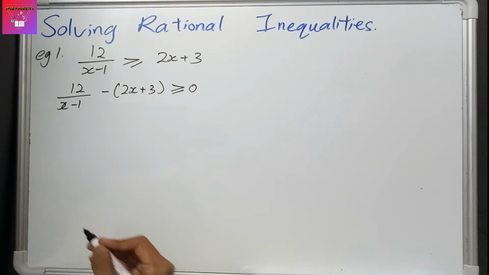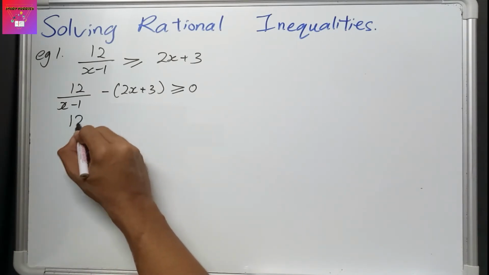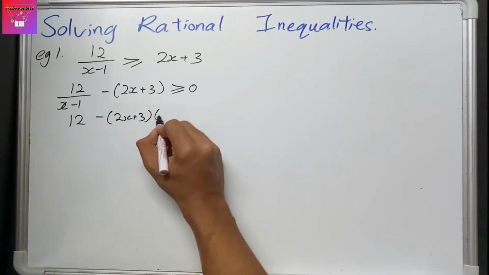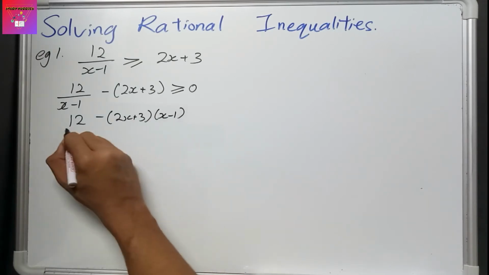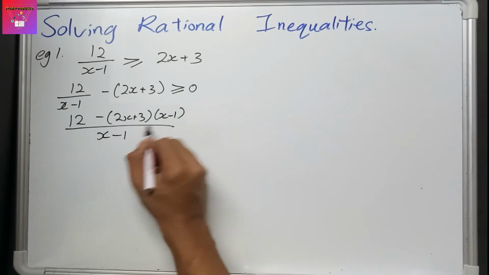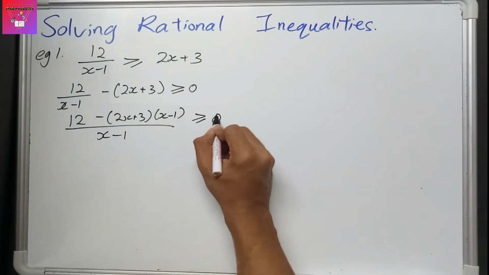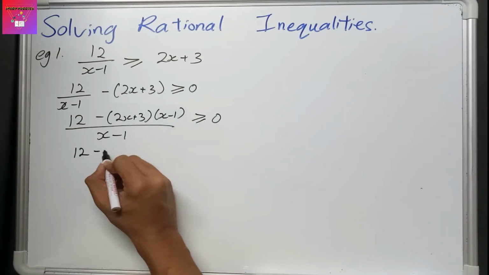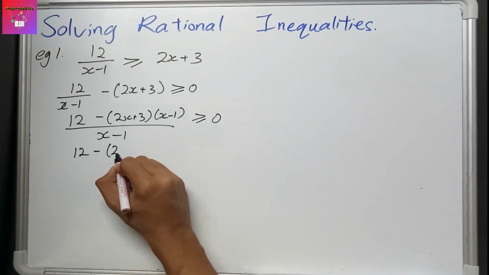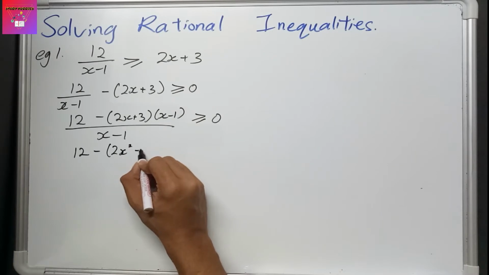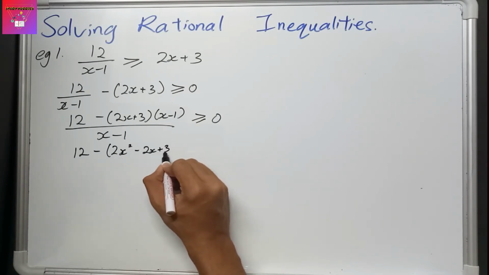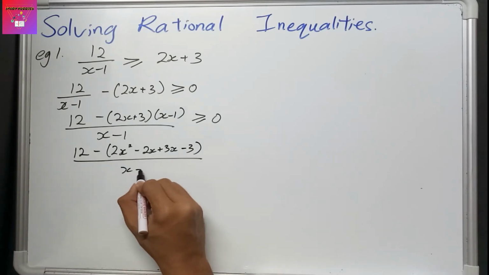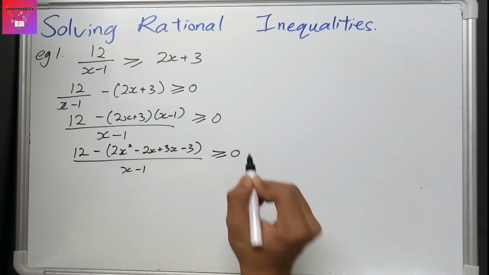Now make the denominators the same, which is 12 minus (2x plus 3) times (x minus 1), over x minus 1, greater than or equal to 0. So expand this and you will get 12 minus (2x squared minus 2x plus 3x minus 3) over x minus 1, greater than or equal to 0.